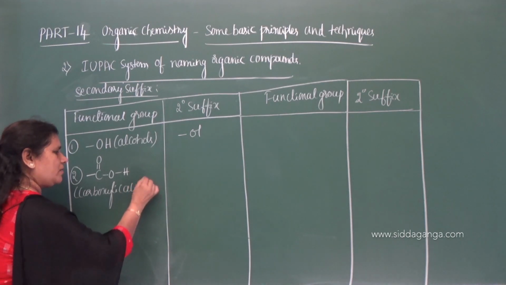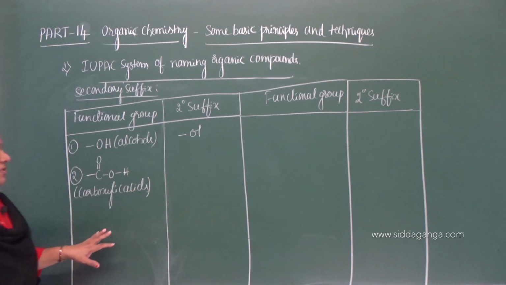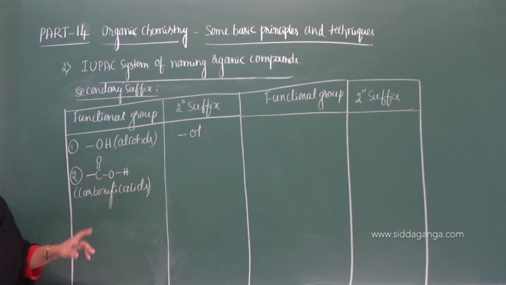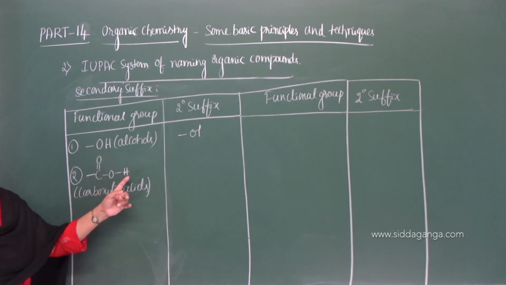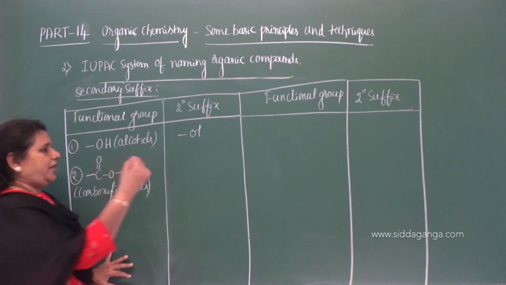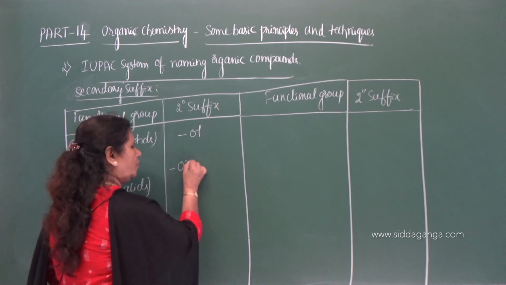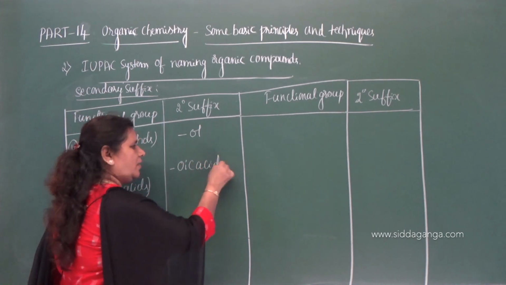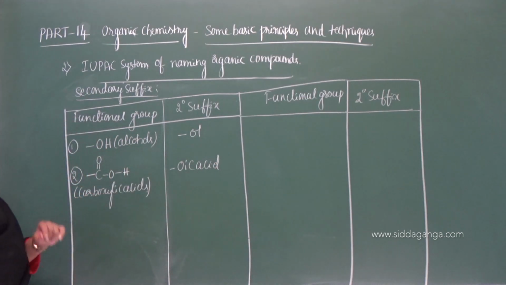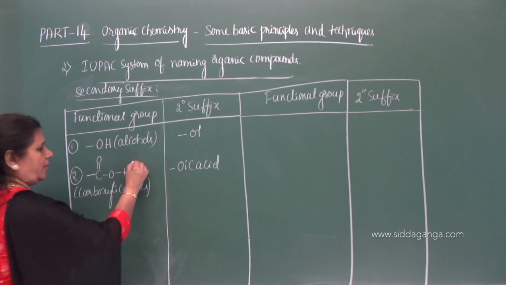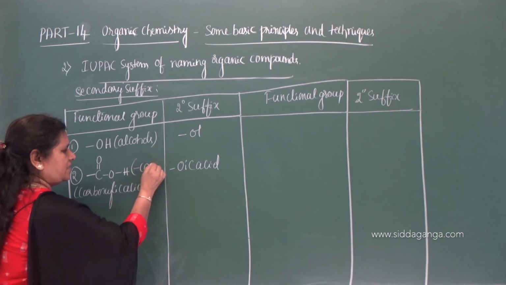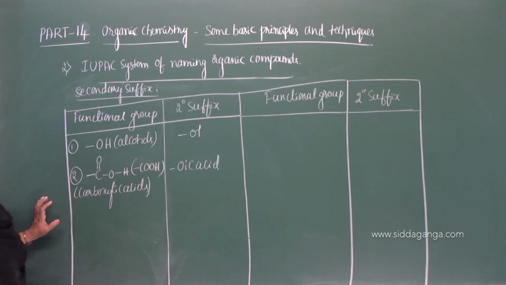So, this belongs to carboxylic acids. If the COOH group is present, then you have to write oic acid. What is the secondary suffix for this? Oic acid. So you can write it this way: COOH, oic acid.